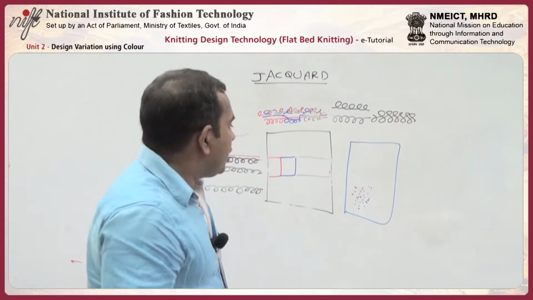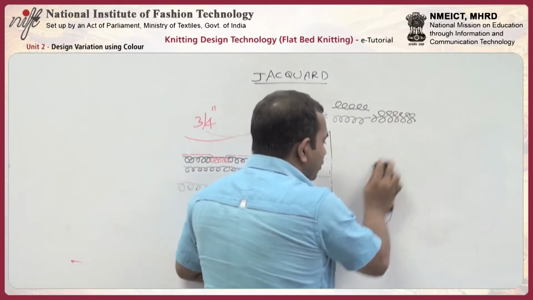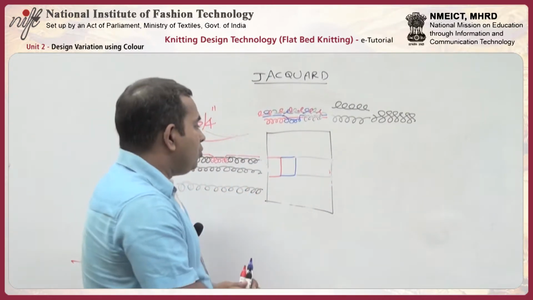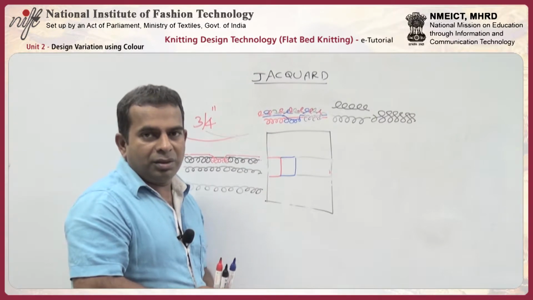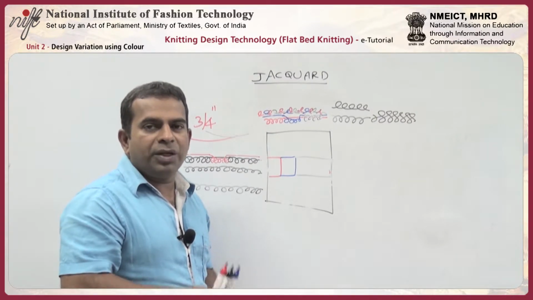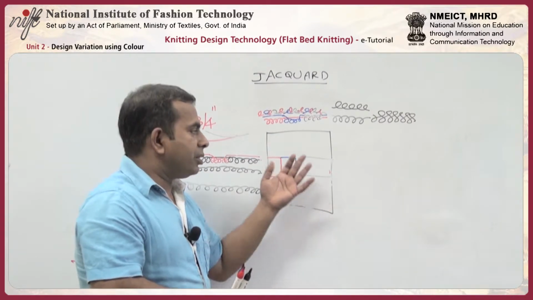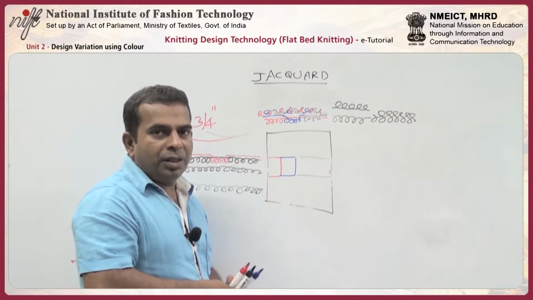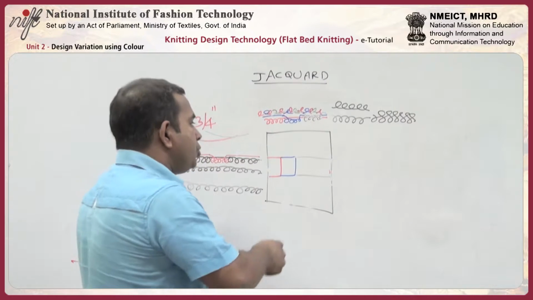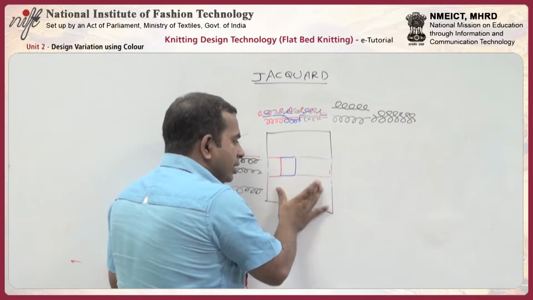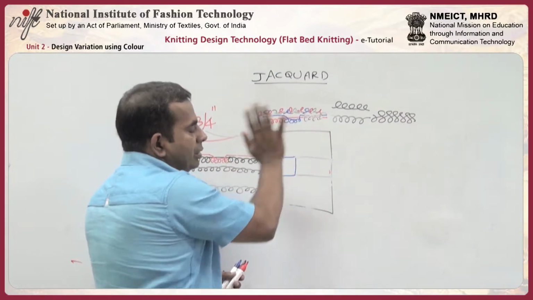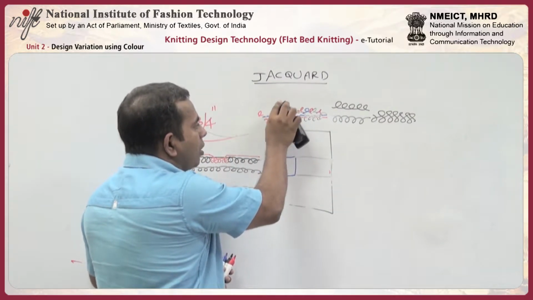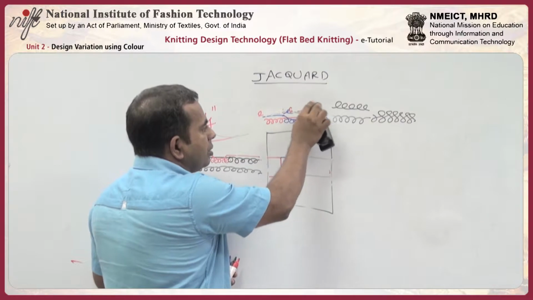Now let's say we want this same design but at the same time we don't want a very heavy jacquard, because whatever reason we decide we cannot have a heavy fabric. How are we going to create this? Now what we are going to do is, we'll still have almost a very similar technique, but we will not knit all the needles with different colors.